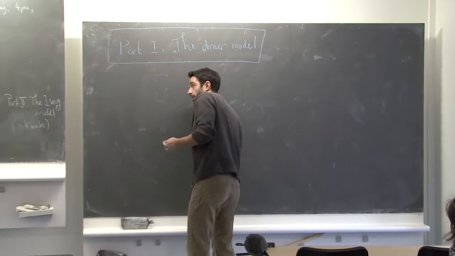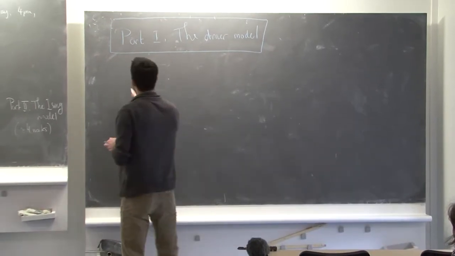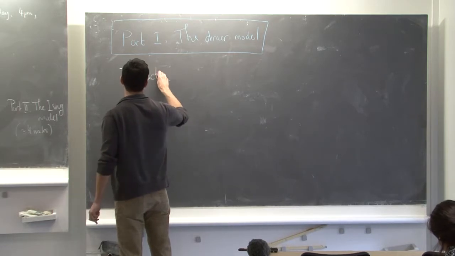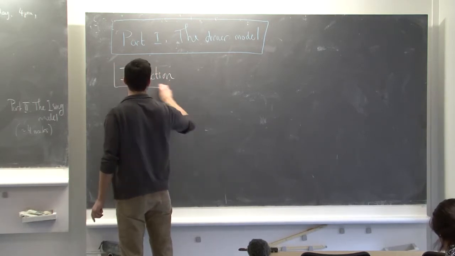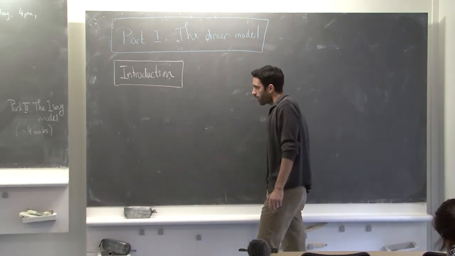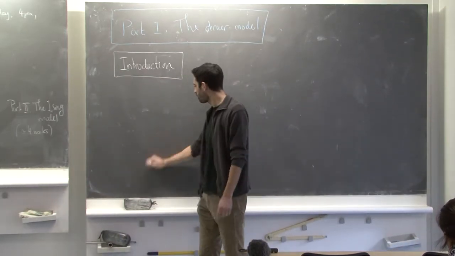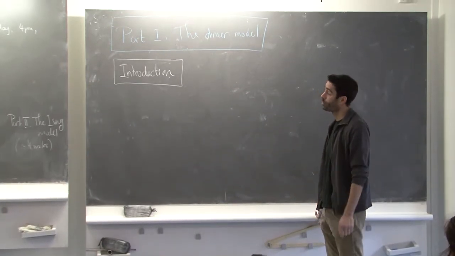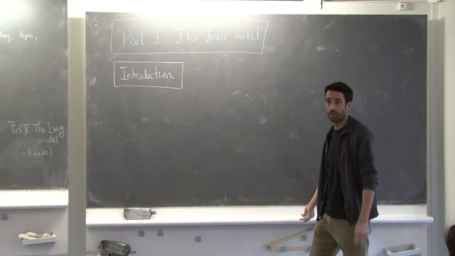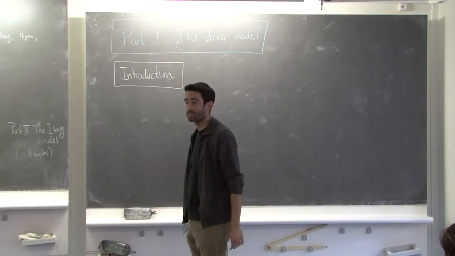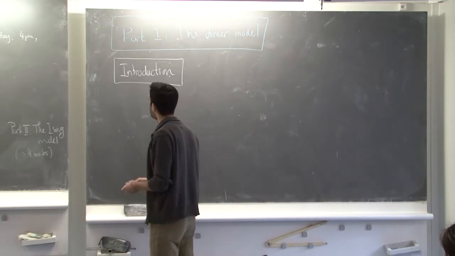I will start with an introduction. The aim of the introduction will be not only to explain the kind of questions we'll try to answer, but also maybe to settle some notations. I'm going to introduce objects that you know very well, but we're going to set up the notations so that we agree on what we're talking about.